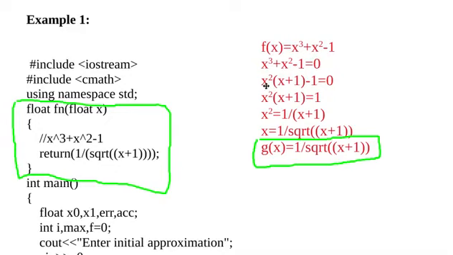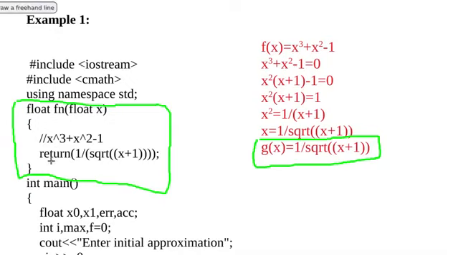Then take the common factor outside and rewrite the equation in the form x equal to 1 by square root of x plus 1. So our g of x will be equal to 1 by square root of x plus 1. That is, in each iteration we are going to find the value of this for each x value till the accuracy is met.